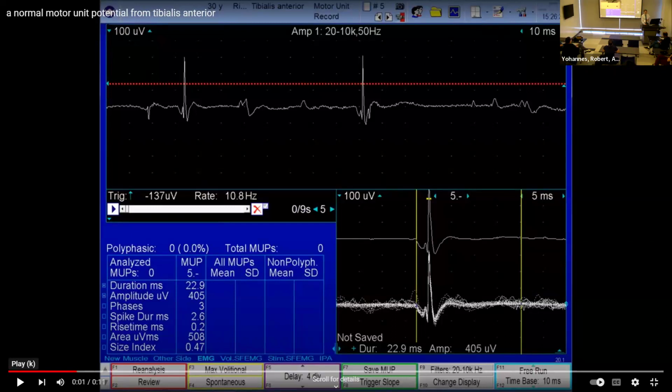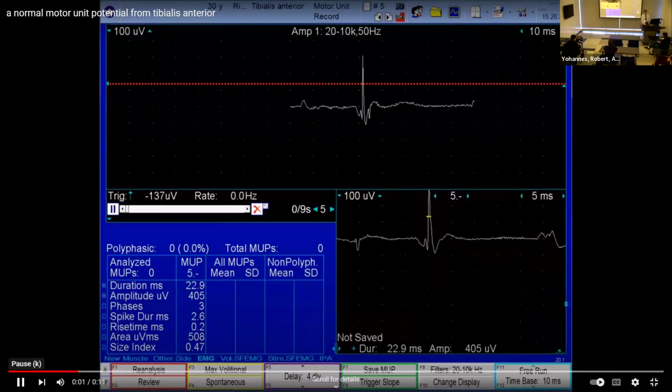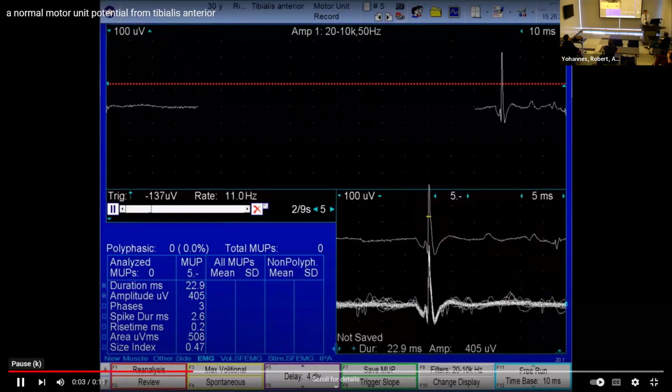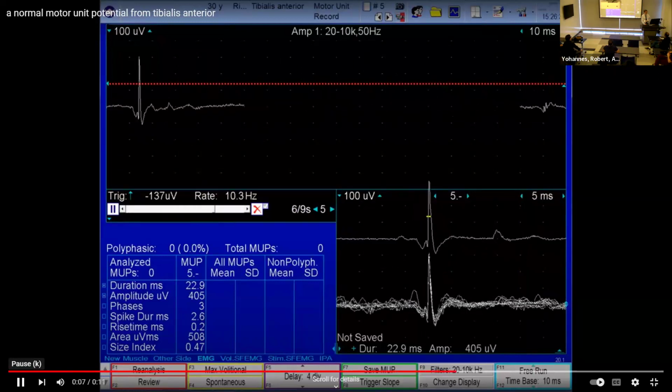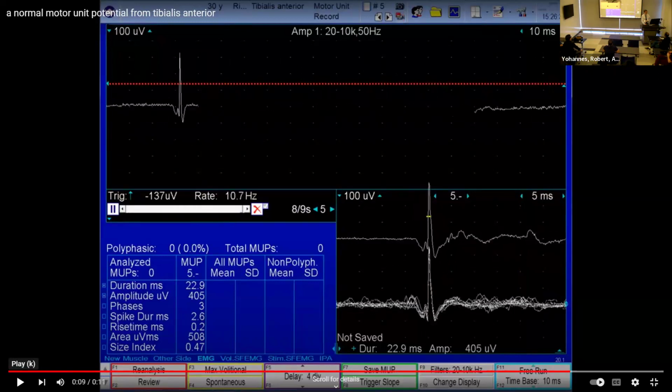So this is a normal unit. Okay, now notice that it's pretty rhythmic. In other words, it's not random. So we're basically asking the patient to give some effort, very, very minimal effort. They're giving that very minimal effort and the unit is firing and we're hearing that kind of low amplitude thump.